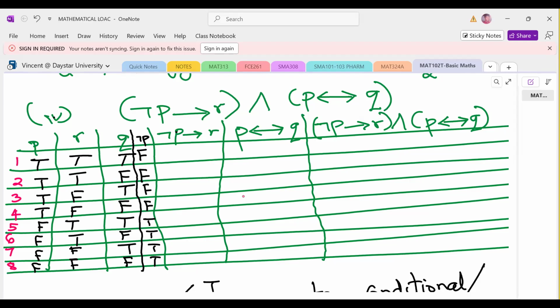And now you look at what are the possibilities of fixing an F. But for you to fully say that the answer is also F, it has to start with T and end with F. Otherwise the answer will just be T. So from now, row 5, row 6, row 7, row 8. But remember, we are comparing not P and this column here, okay? So from 5 to 8, where do we put an F?